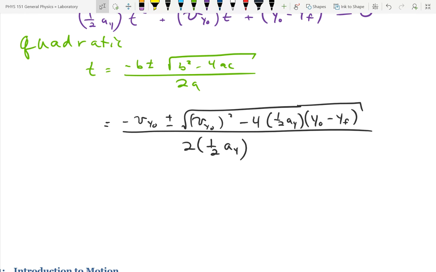I'm not going to put in my numbers because my numbers are going to be different than your numbers. But make sure you do both the positive sense and the negative sense, and make sure you pay attention to signs. Where is this sign going to be important? Your ay is a negative number. Since ay is a negative number, minus 4 times 1/2 ay times y0 minus y final is going to turn out to be a total positive.